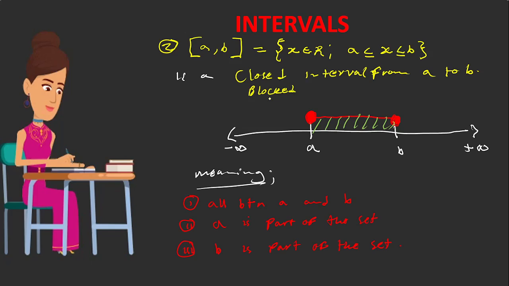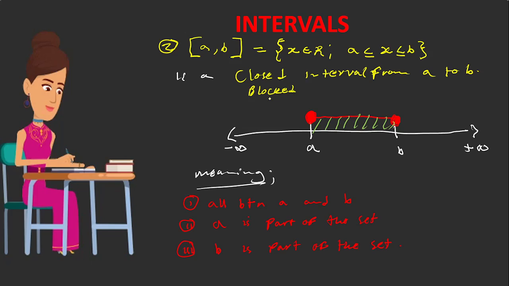The third one, I think this one I did not explain on YouTube. So this one is, let's say A and B like that. So this is partially open and this one is closed.